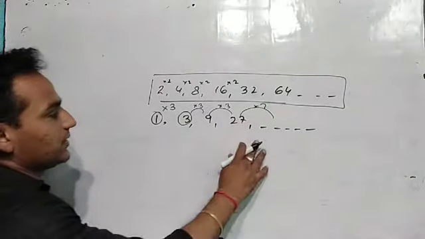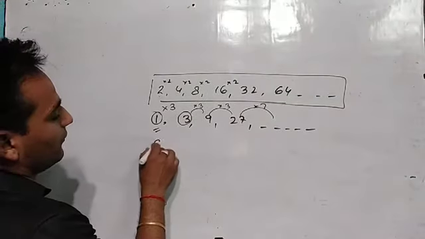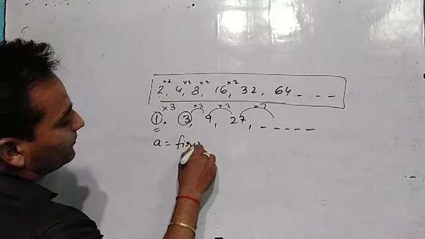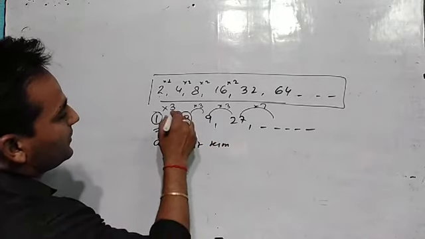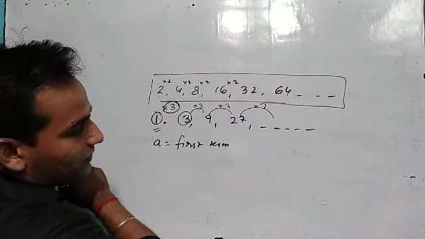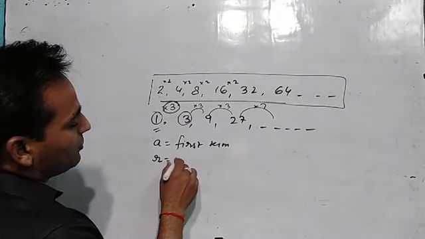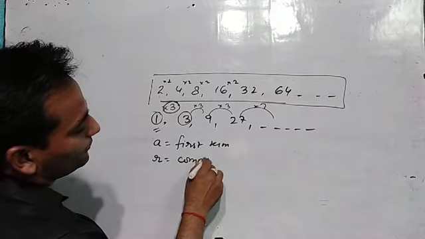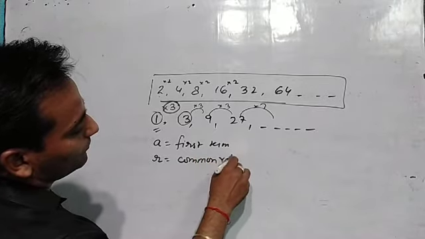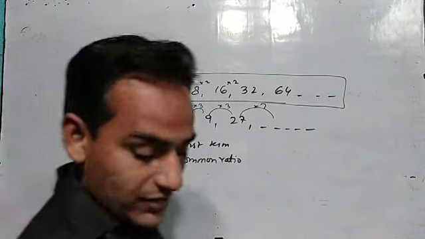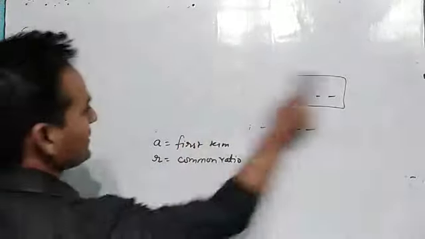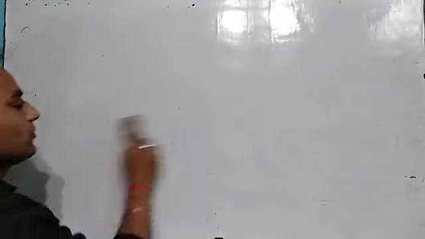In these kind of series, this is the first term A. This number which is being multiplied in every term is called R, and which is called common ratio. Okay, so if we have a series and the series is in GP, so what we will get?